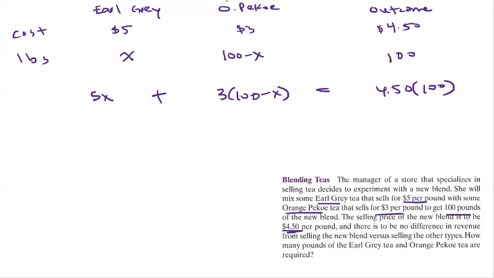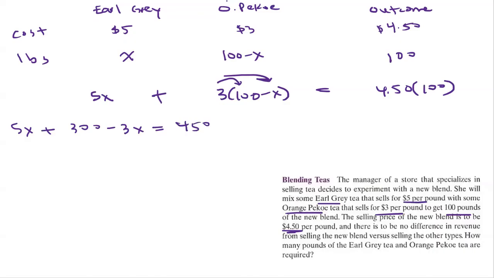All right, so let's do this together because again, running out of time here. So I'm going to distribute that. Whoa, that looks crazy. Okay, so we have 5x plus 300 minus 3x, and then 4.50 times 100 is 450.